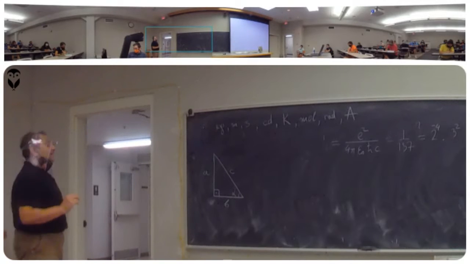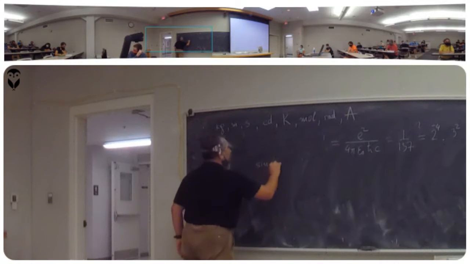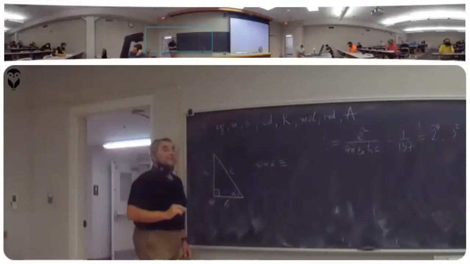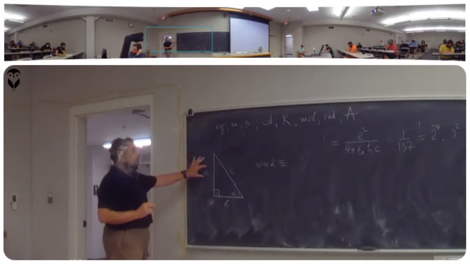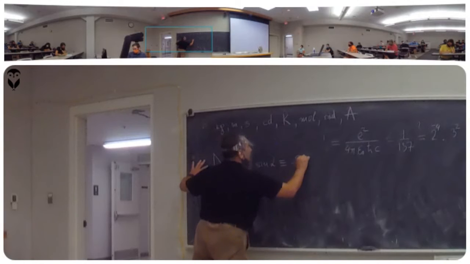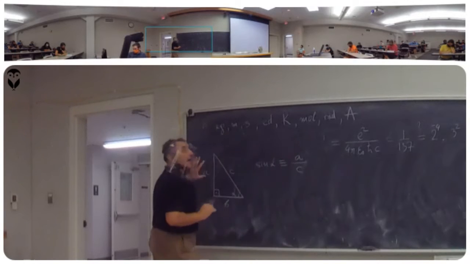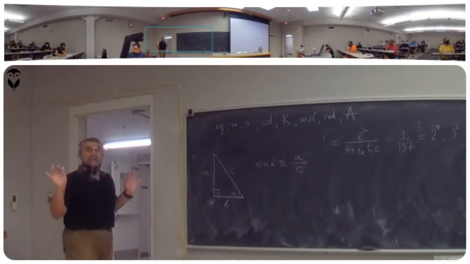By definition, sine of angle alpha is the ratio of the length of the side opposite to the angle, this is side A, divided by the length of the hypotenuse. It is just a definition.